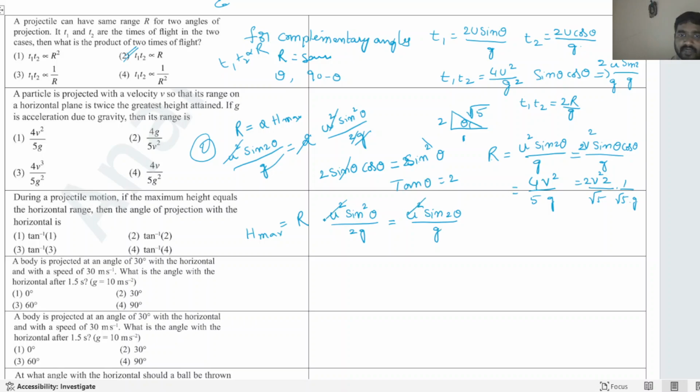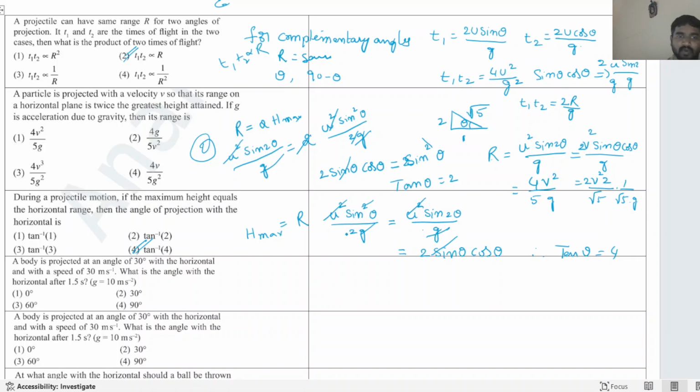Therefore u square cancels, g cancels. Sine 2 theta is 2 sine theta cos theta, so sine theta cancels. Therefore from this equation, tan theta equals 4. Therefore theta is tan inverse 4.